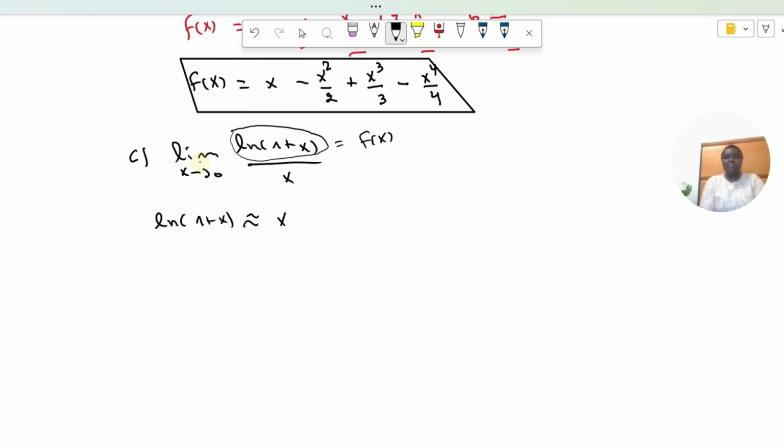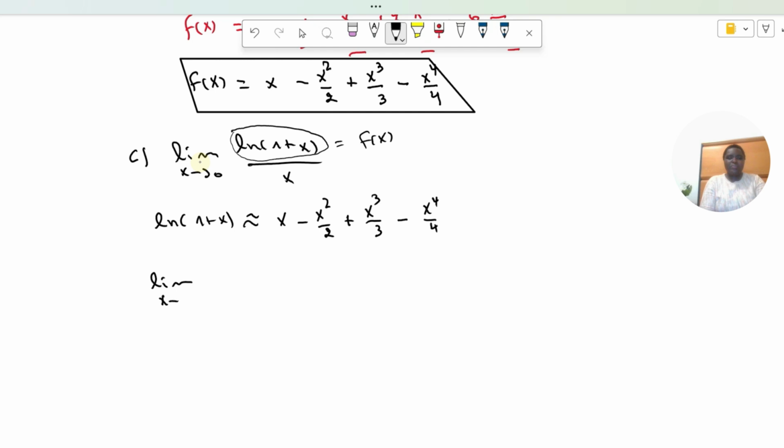Then approximately equal to x minus x squared over 2 plus x power 3 over 3 minus x power 4 over 4.